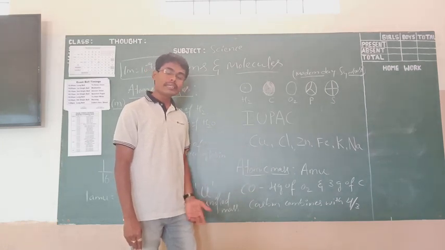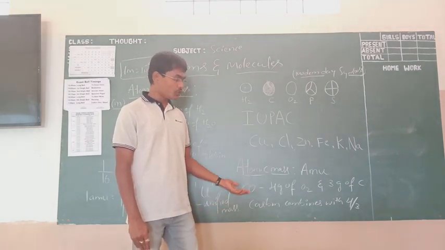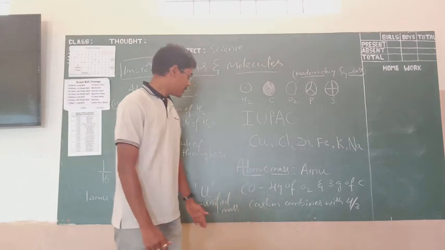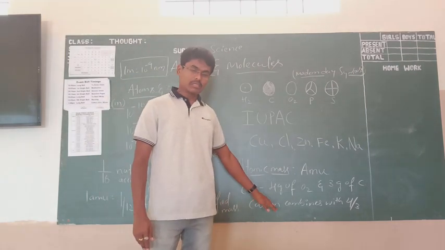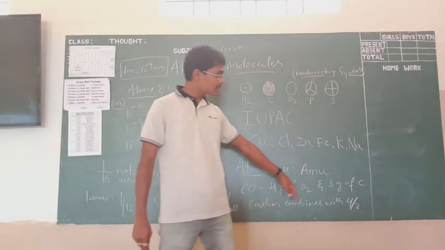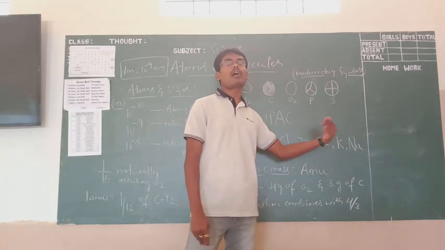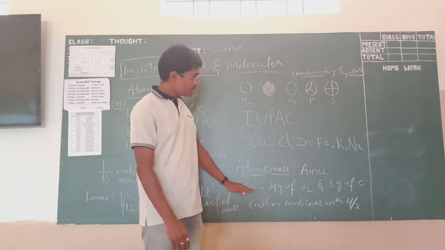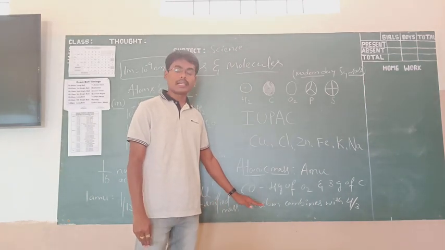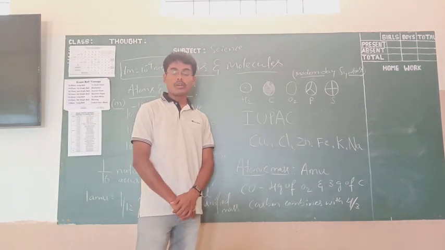Then what it indicates, what it shows, is nothing but that carbon combines with 4/3 of the oxygen to produce this carbon monoxide, this 1 gram of carbon monoxide.